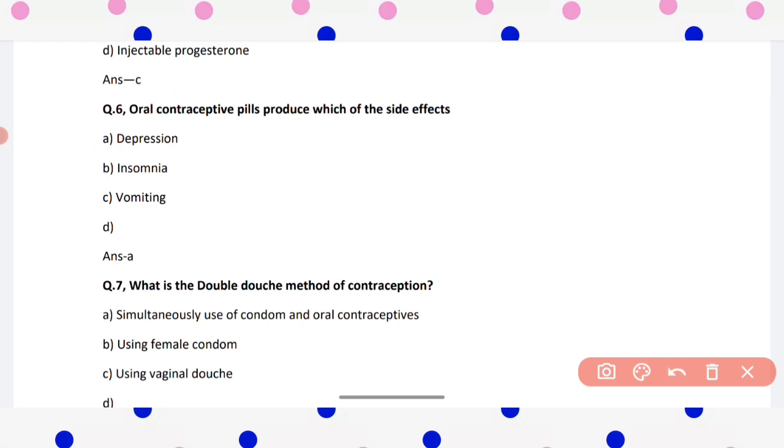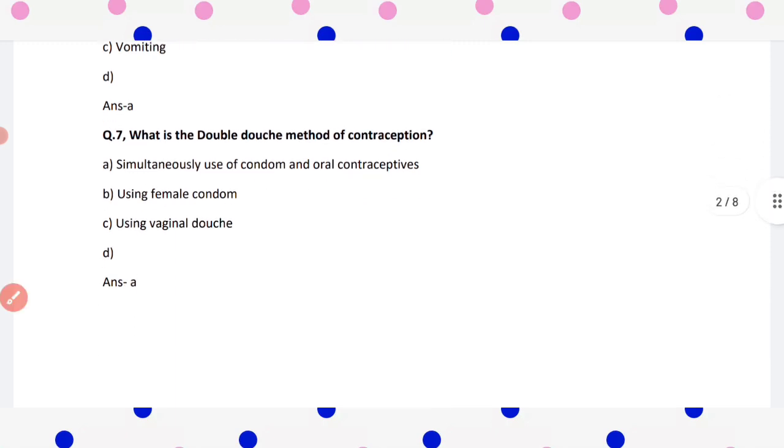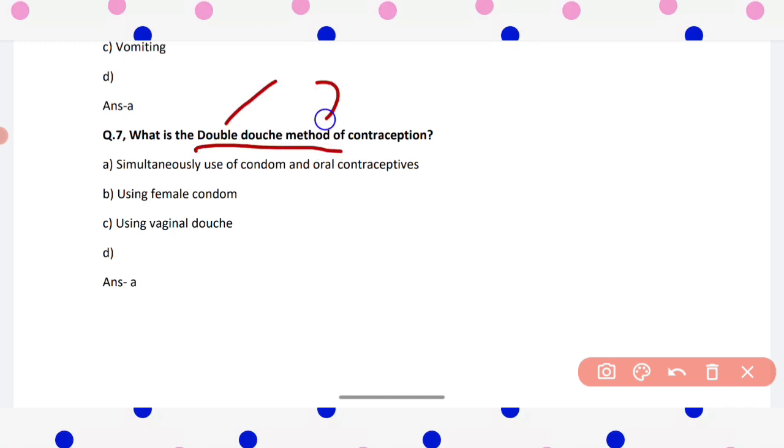The next one is, what is the double Dutch method of contraception? Simultaneous use of condom and oral contraceptive, using a female condom, using a vaginal Dutch. This is also a direct question, and here the right answer is the double Dutch method, where double means 2, right?